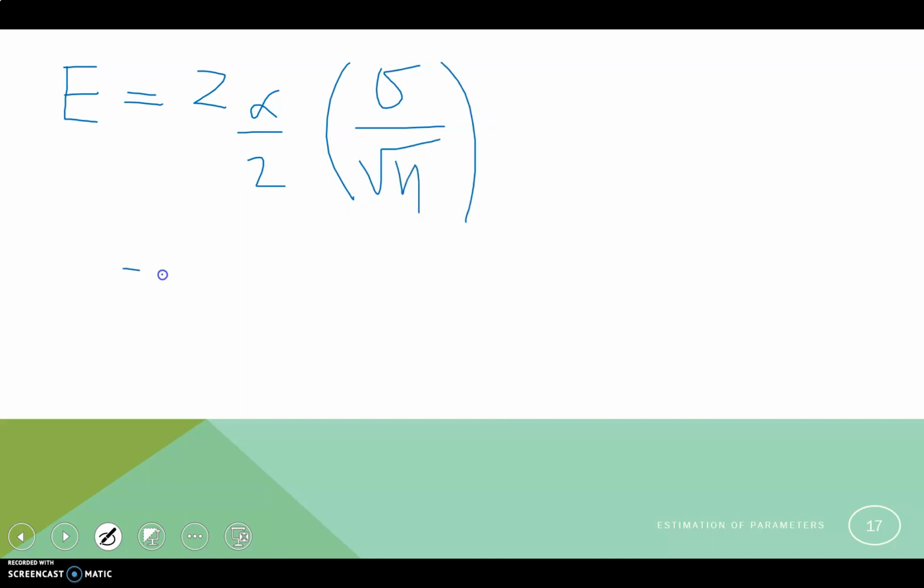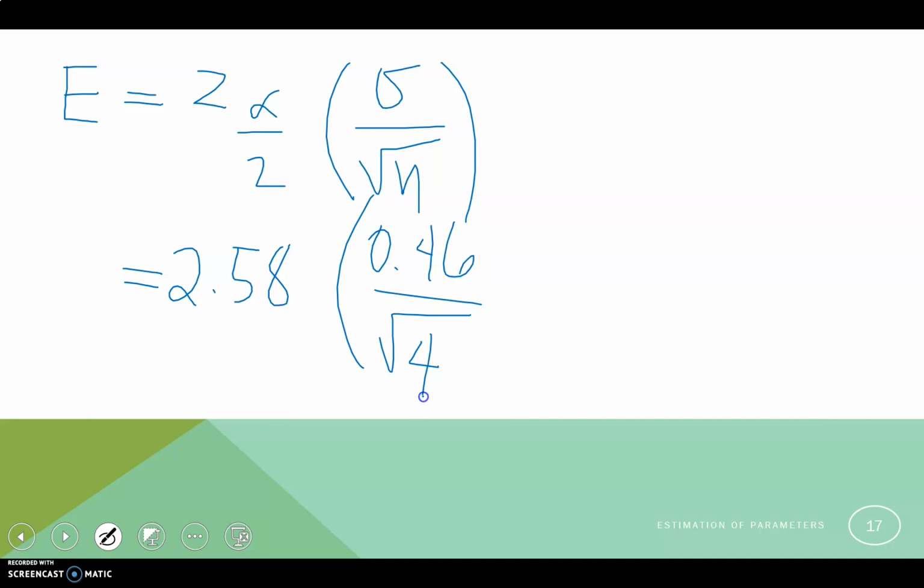And we know that our z alpha over 2 is 2.58 times our population standard deviation is 0.46 over square root of 40. Okay, pila may result ana niya.